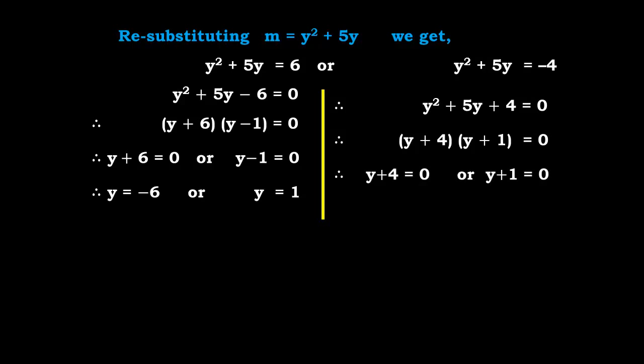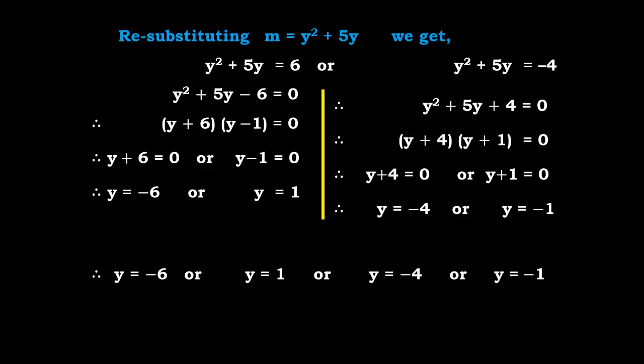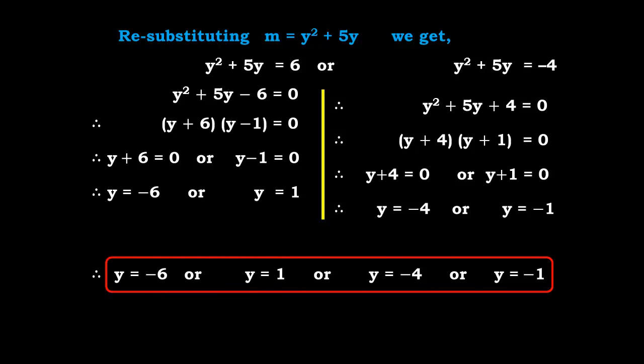Therefore y plus 4 is equal to 0 or y plus 1 is equal to 0. So y is equal to minus 4 or y is equal to minus 1. So we can write the answer: y is equal to minus 6 or y is equal to 1, or y is equal to minus 4 or y is equal to minus 1.